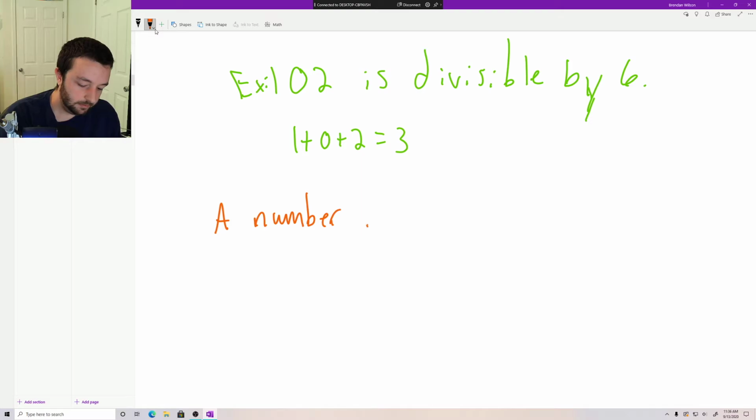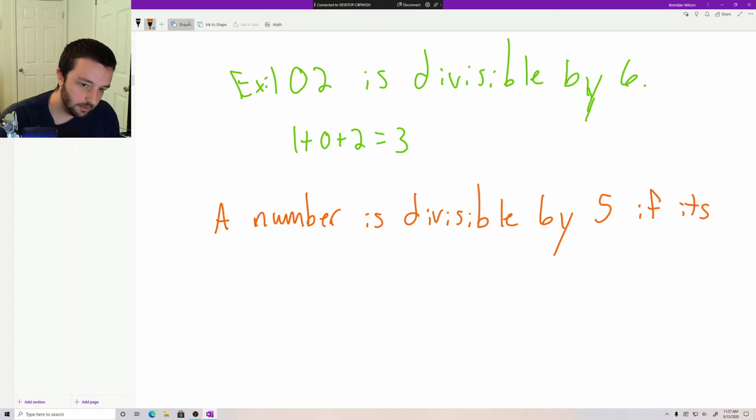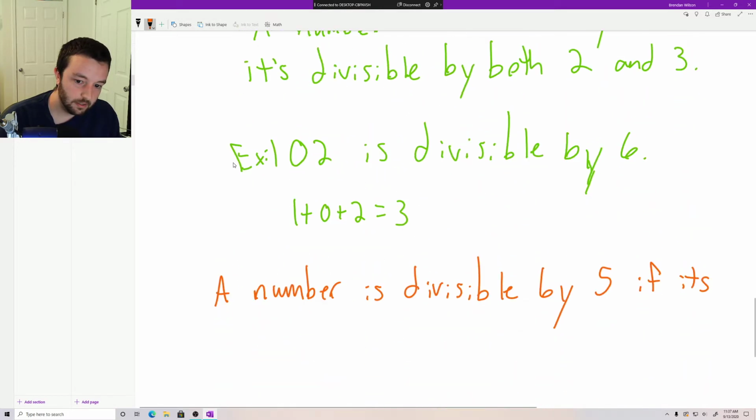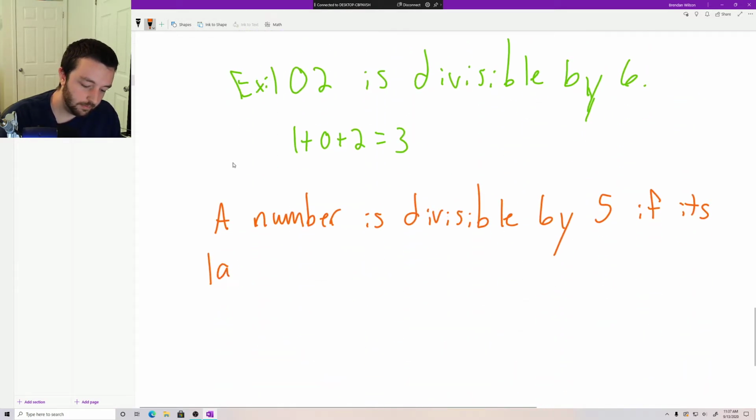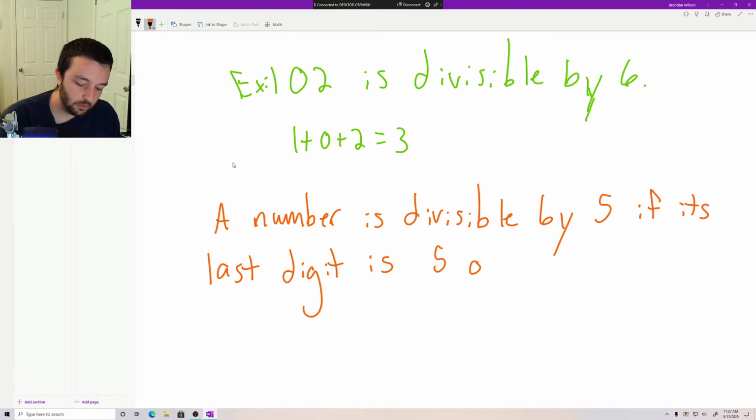A number is divisible by 5 if its last digit is 5 or 0.